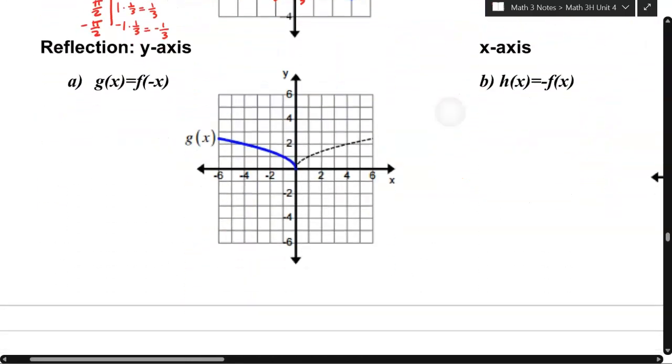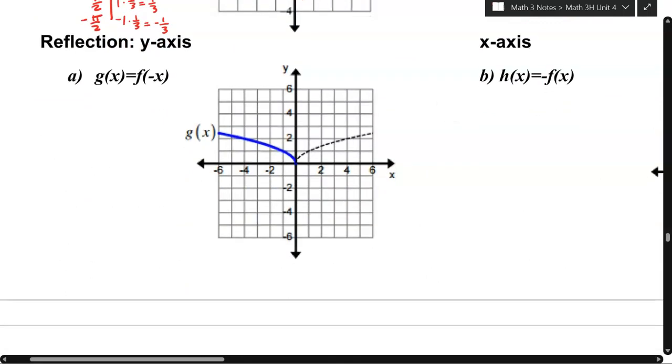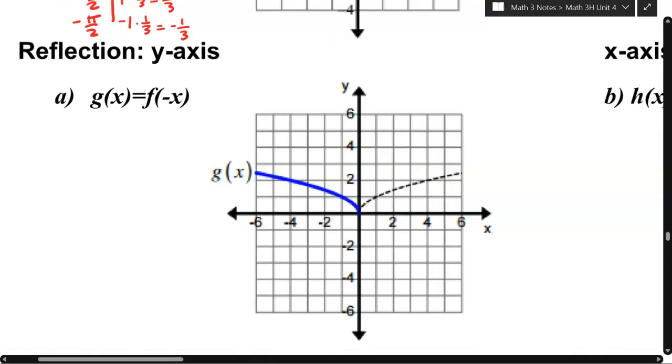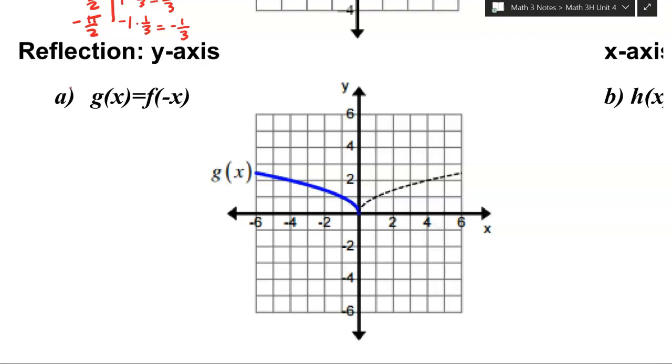All right, next up is our reflections. These are just going to show you what they look like because they just flip across either axis. All right, we're looking at a parent function of a square root of x, and we notice that it starts at 0, 0. And the reflection, if it's on the inside, it's going to reflect across the y-axis.